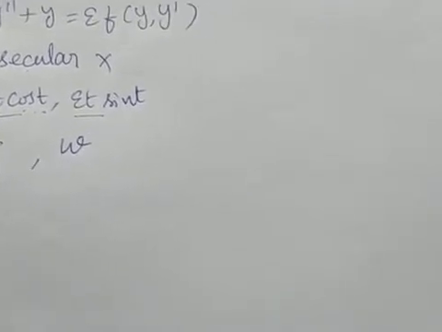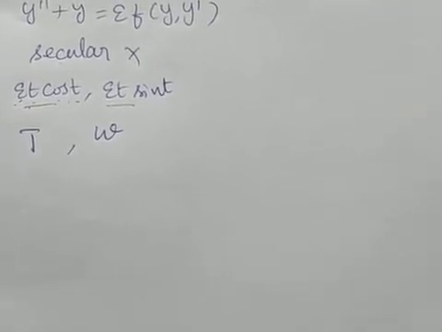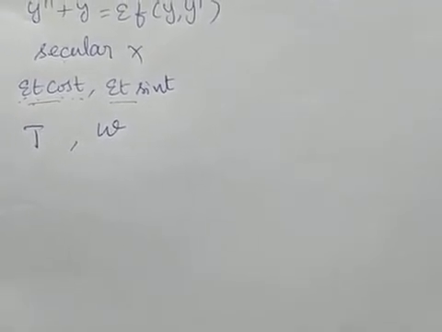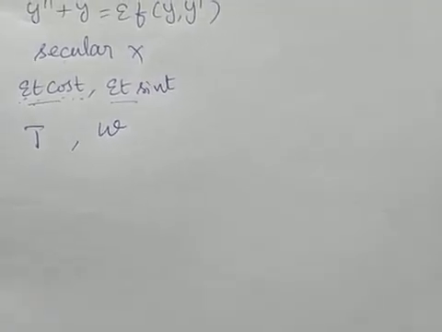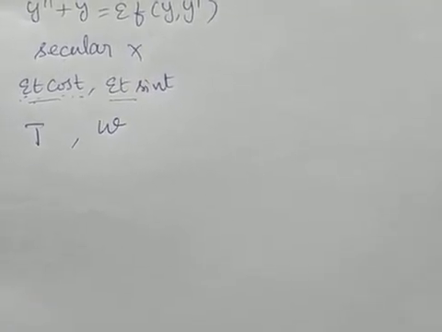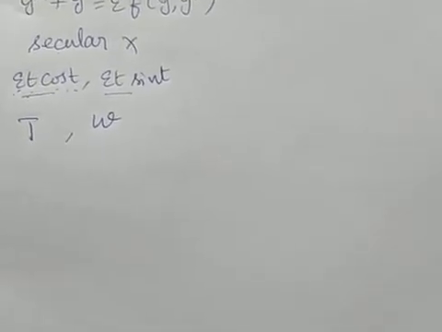Now we consider an equation. We are going to solve the van der Pol oscillator problem. Already we have solved the van der Pol oscillator problem using perturbation method. Now we are going to solve the same problem using Poincare-Lindstedt method.